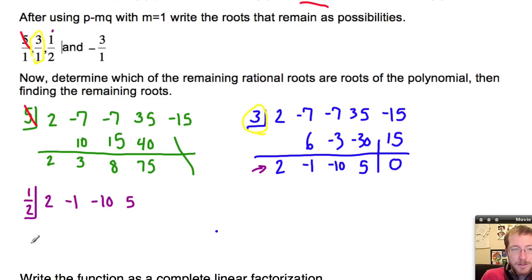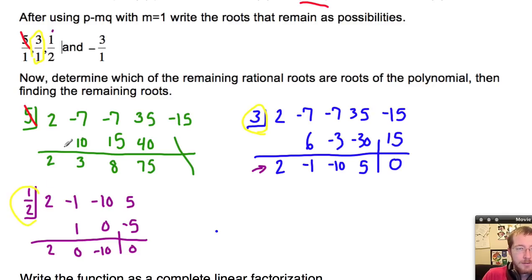And it'll also allow us to, when we get down to a quadratic or a linear, just solve it in equation form instead of doing synthetic division. Okay, if we have any irrational roots, we're going to need to do that. So bring down your 2. Half of 2 is 1. Half of 0 is 0. Half of -10 is -5. And we've got another root in 1/2.